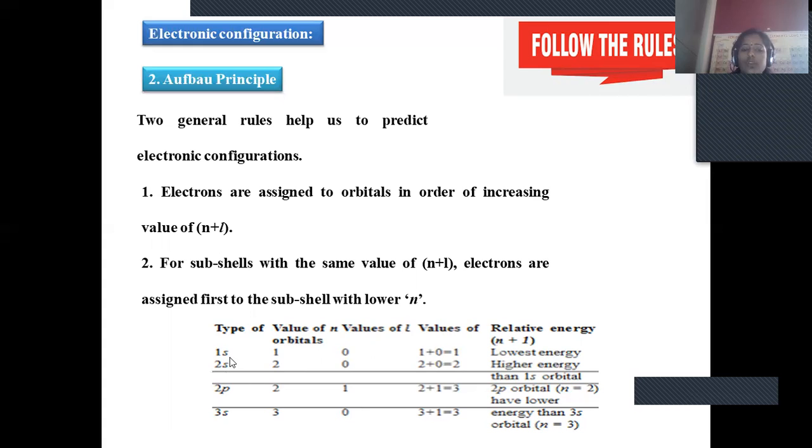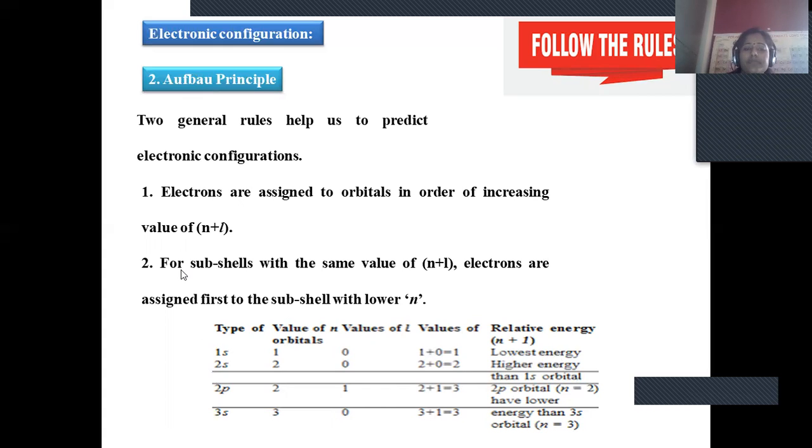Among 1s and 2s, for the 1s orbital the n plus l value is lower. For the 2s orbital, the n plus l value is higher. That's why the lower energy state will always be filled first. So the 1s orbital is preferentially filled. Later, the electron enters into the higher energy level. So this is the guideline we have to follow in order to obey the above principle.